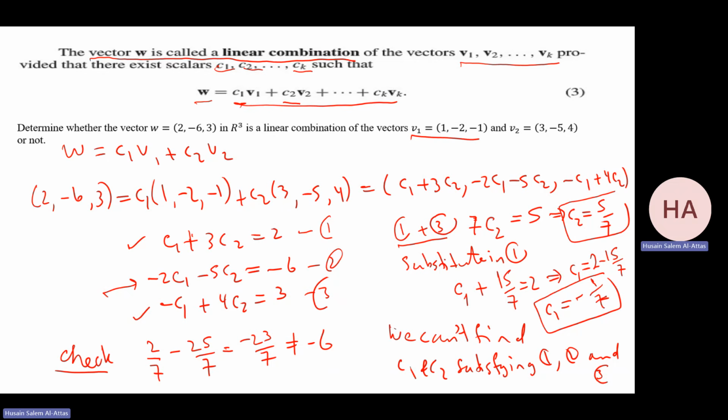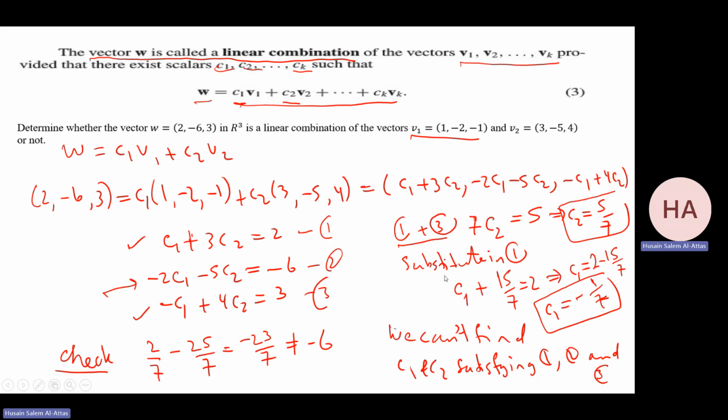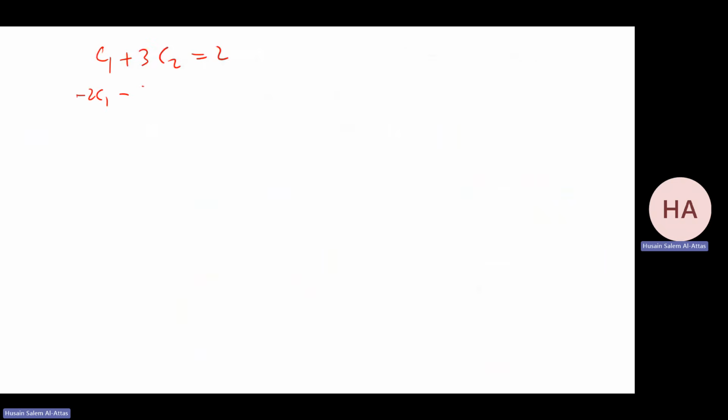Let me do the same problem with Gaussian elimination, just to show you what will happen if I use it. So I have the equations: C1 plus 3C2 is equal to 2, minus 2C1 minus 5C2 equals minus 6, and minus C1 plus 4C2 equals 3.